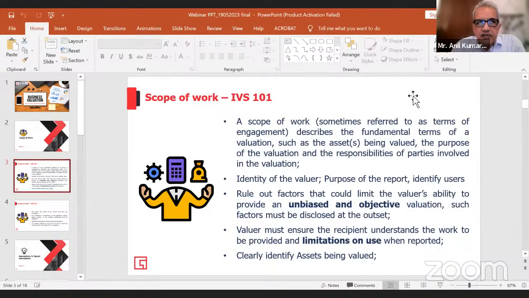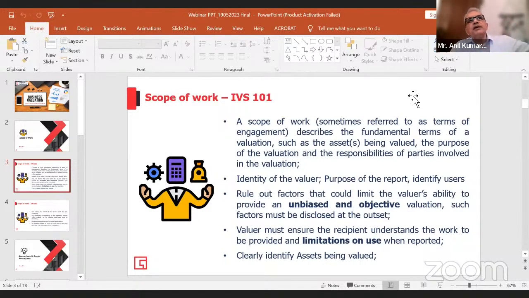The other expectation is when you're agreeing on a scope of work, or when you're accepting any assignment or engagement, then you are declaring that you're an unbiased and objective valuer, right? So the valuer has to mandatorily declare that there's no prior association which can interfere with his independence or introduce biases.